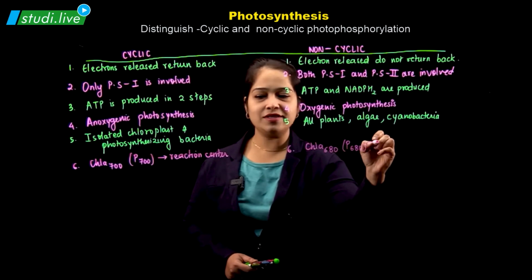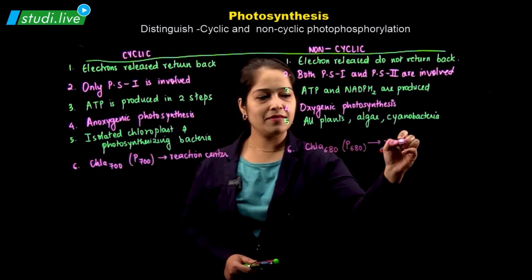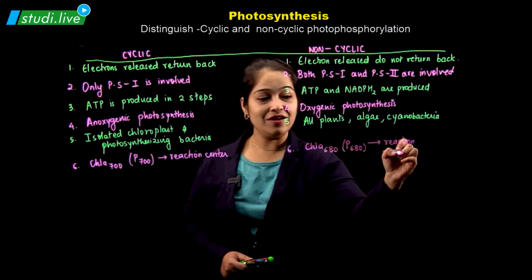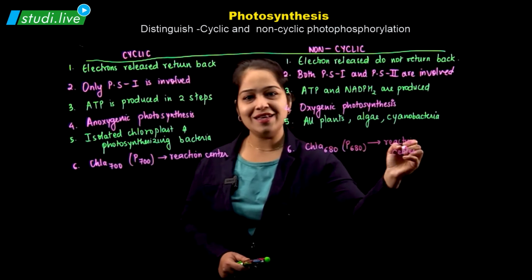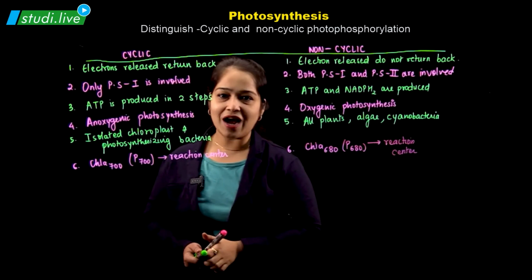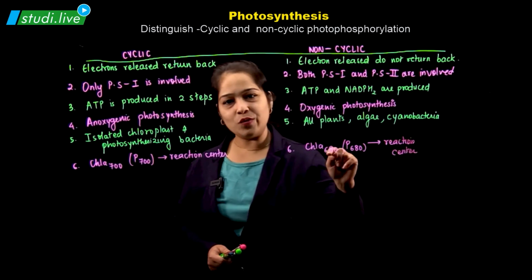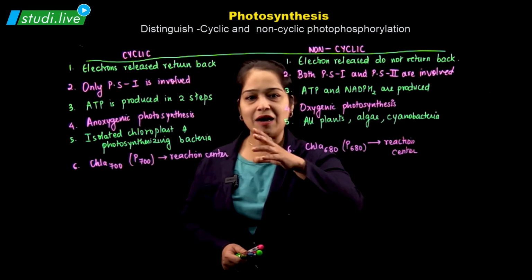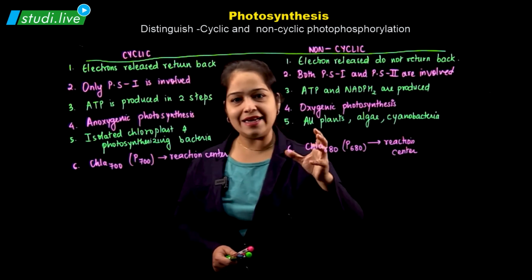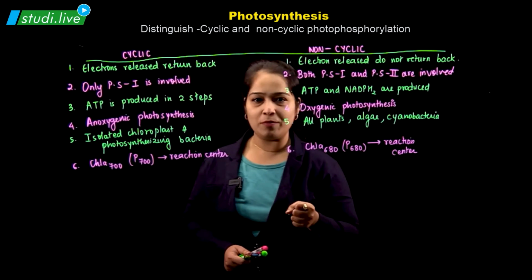Reaction center means that the light rays are trapped at this wavelength, which is 700 nanometers. And over here P680 means light of 680 nanometers wavelength is absorbed.